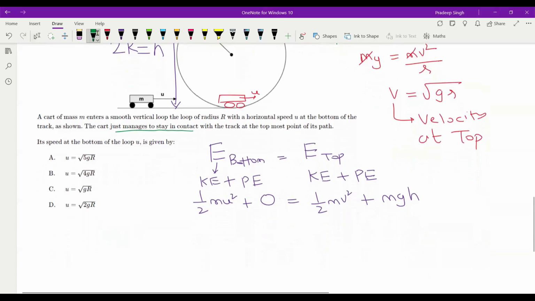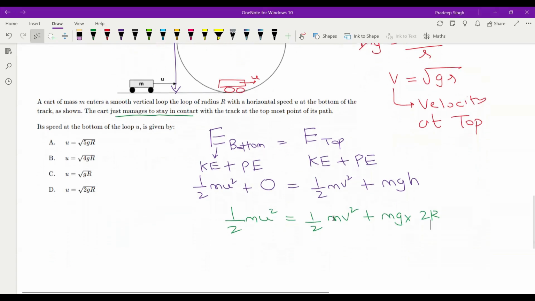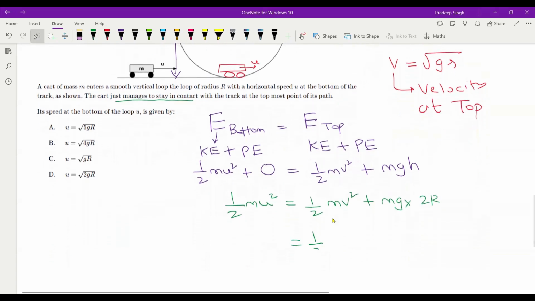So let's simplify. We'll get half mu squared on the left hand side. On the right hand side, we'll get half mv squared plus mg into height, which is 2r. Now the v, which is the velocity at the top, we had found out as root gr. So we square it. So we'll get half mgr plus mg into 2r.